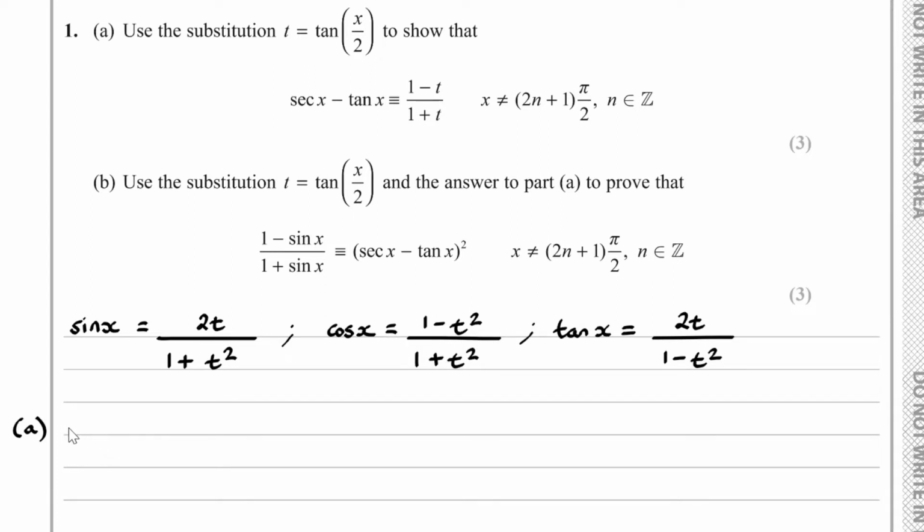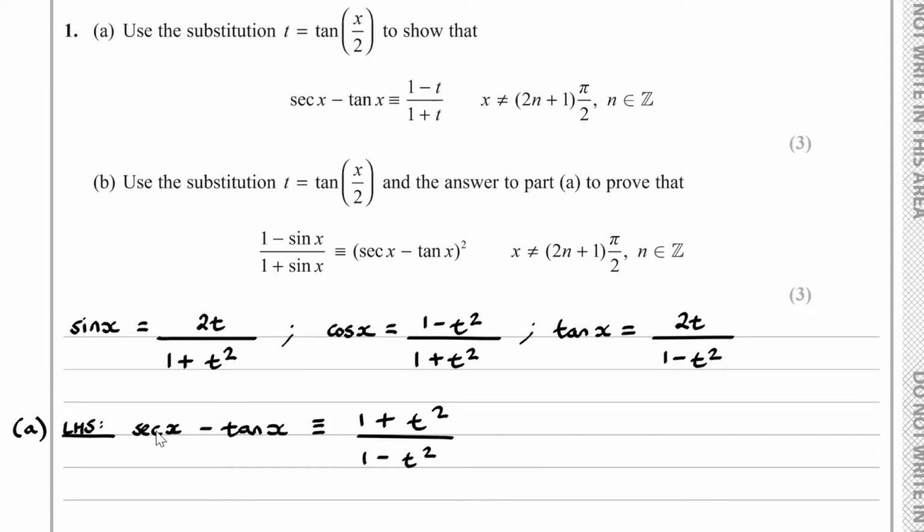On the left hand side, sec x minus tan x is equivalent to (1 plus t squared) over (1 minus t squared).